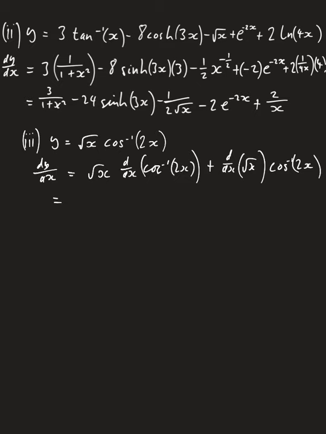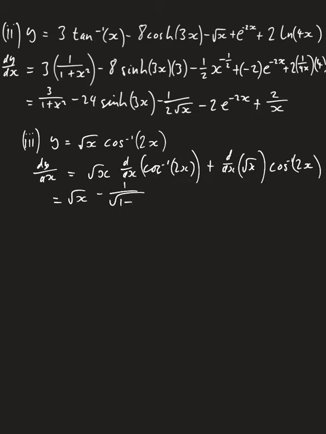So that's equal to root x times the derivative of inverse cosine of 2x. If I go to my logbook, I can see that the derivative of inverse cosine of x is equal to minus 1 over the square root of 1 minus x squared. So by the chain rule, I'm going to get minus 1 over the square root of 1 minus.